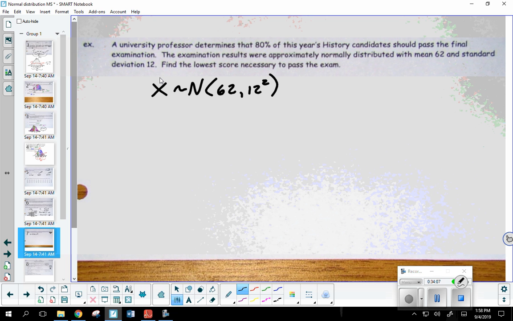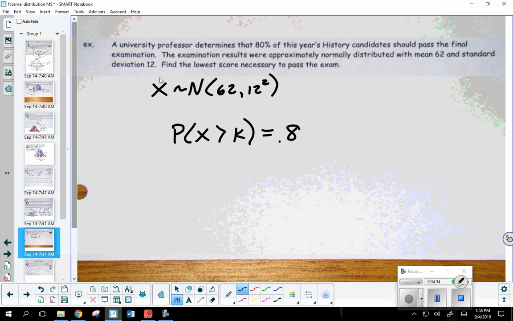So what we're looking at here is the probability of X being greater than K is equal to 0.8. Because 80% of them are going to pass, so this should end up being a greater than. So greater than what value represents 80% of the data? Is everybody okay with that?